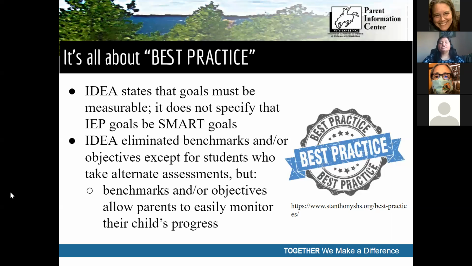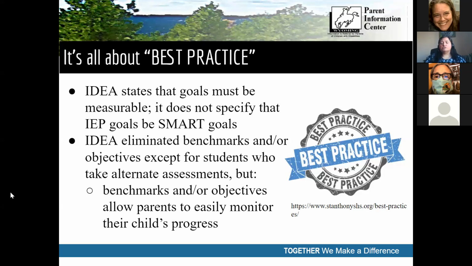Most schools just send it quarterly with report cards, which for most parents is fine. But if the parent doesn't know what that benchmark is for the end of that quarter, if they don't know where that cutoff is for that goal, it's going to make it very difficult for them to understand exactly where the child is at meeting that goal and whether or not the child is going to actually meet that goal by the end of that particular IEP year.